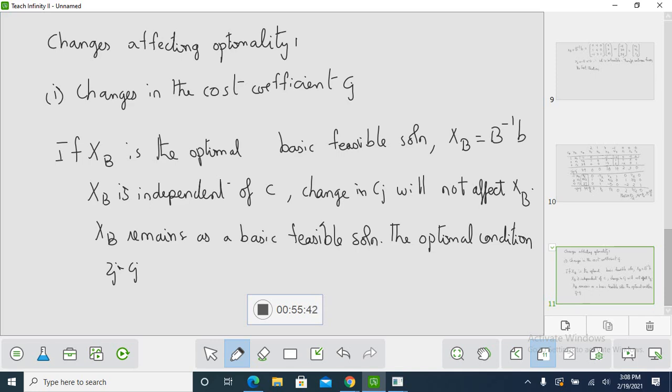So the optimal condition is Zj minus Cj greater than or equal to 0, which is satisfied for all j for an optimal solution.